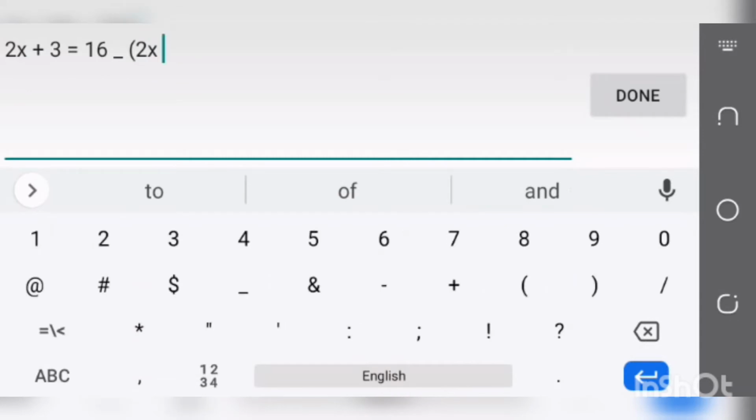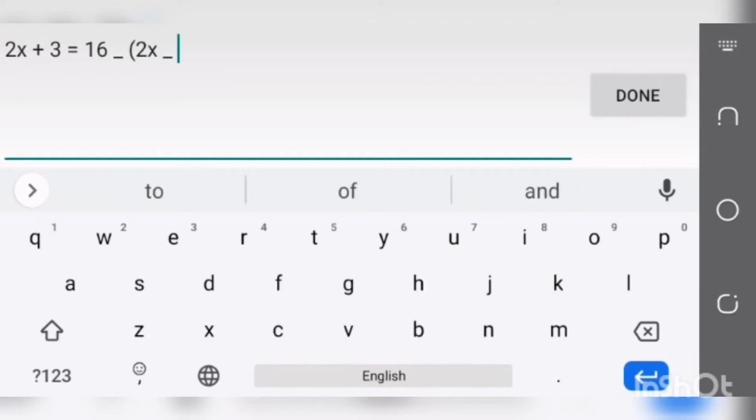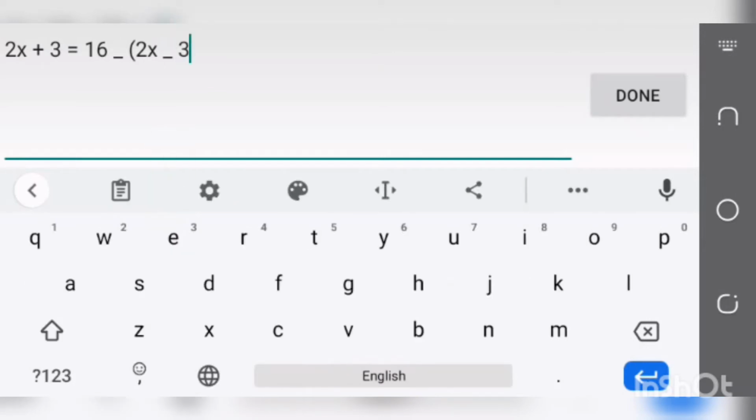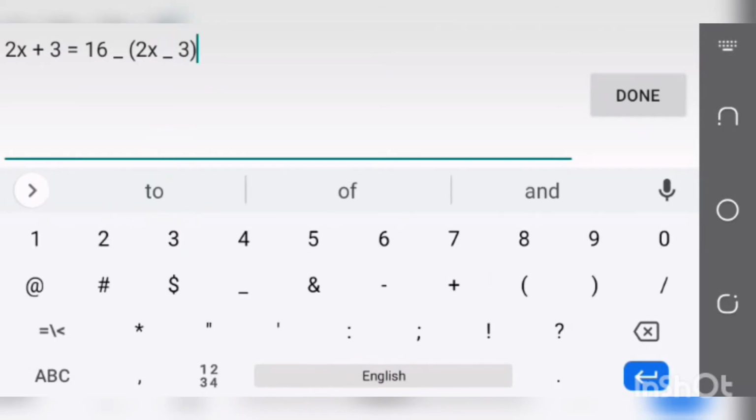You can speed up the video or perform with me on paper, in a book, or on a laptop. Minus 3 and bracket close. You have to perform the bracket first and then the whole equation. That is the BODMAS rule.